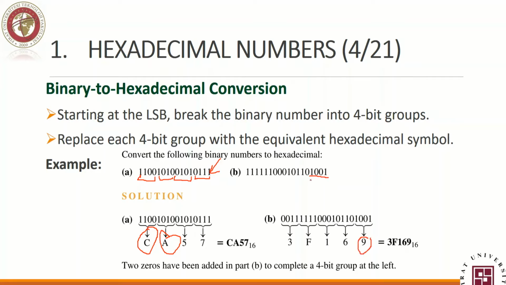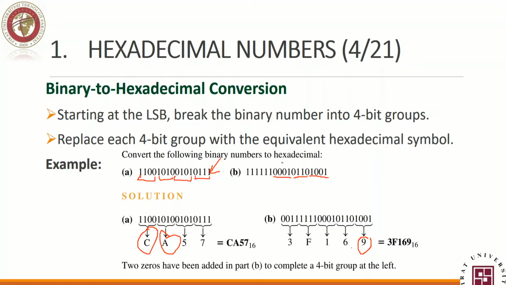Take the next 4 bits. Here we don't have 8, we have 4 plus 2. Here we have 4, here we have 2, here we have 1. 1 there is no, 8 there is no, so 4 plus 2, that's 6. Then, how about this? That's clear.